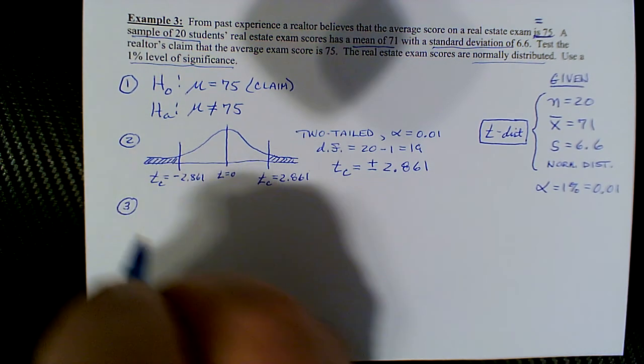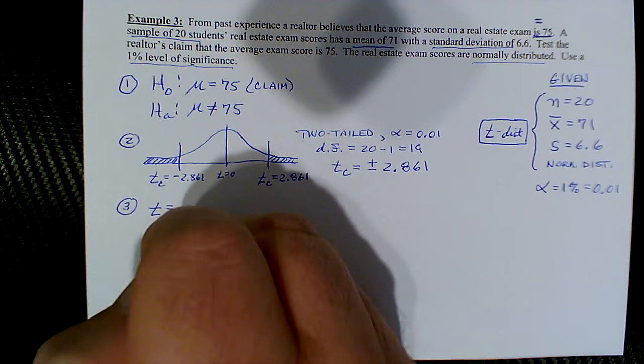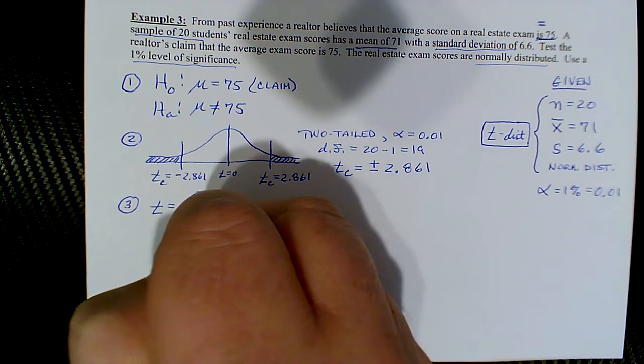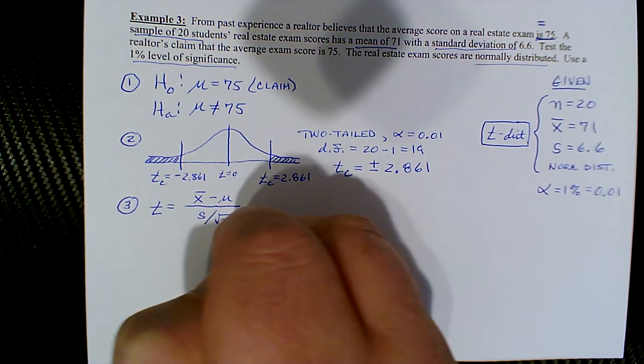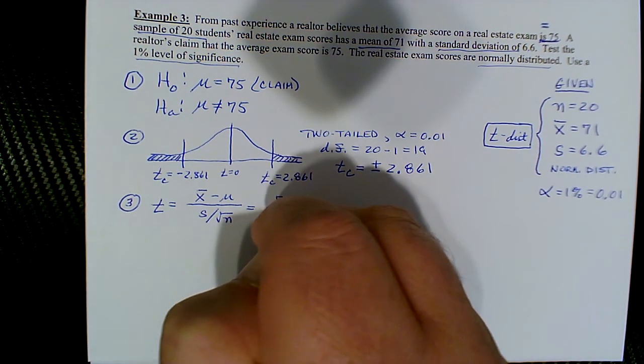Okay, then we calculate our standardized test statistic. And again, it's x bar minus mu over s divided by the square root of n. And x bar is 71 minus mu.